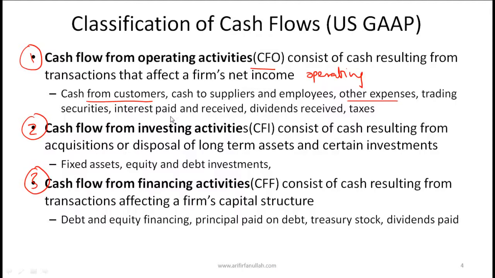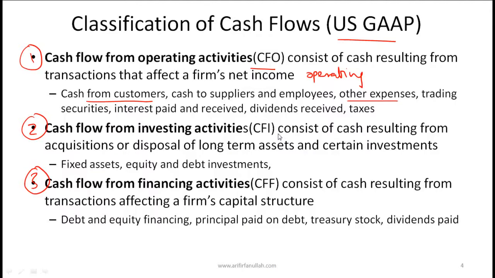According to US GAAP, interest paid and received falls under CFO. Dividends received, so if you've invested in stocks and you receive dividends, that would classify as CFO if you are using US GAAP. Taxes paid also fall under CFO. So you need to understand that under US GAAP, all these items fall in the CFO category.